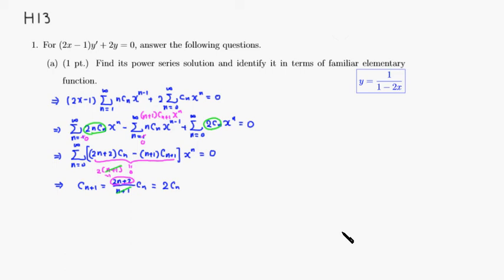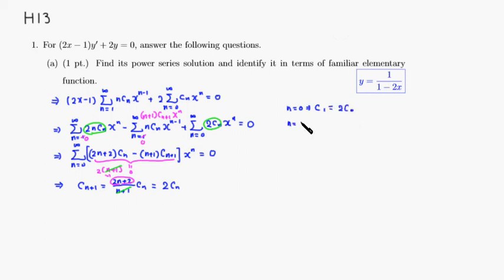So we can find a pattern from here. Let's try n equals 0. We have C1 is equal to 2 times C0.